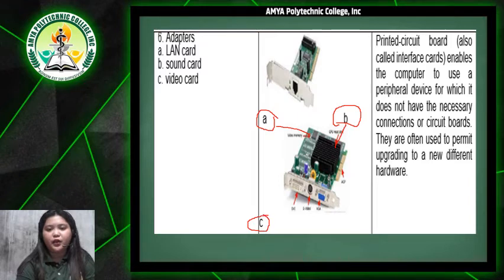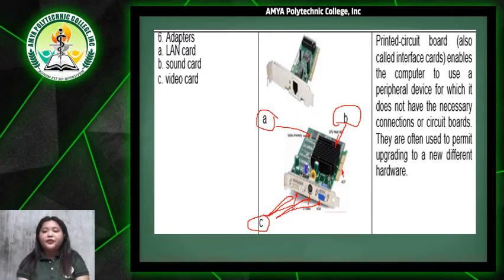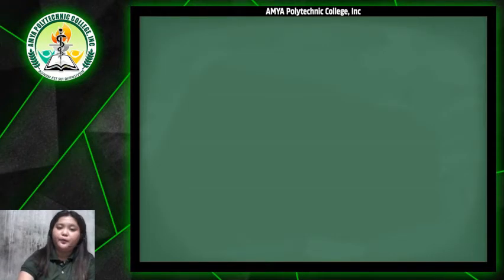We have the three here. A printed circuit board, also called an interface card, enables the computer to use a peripheral device for which it does not have the necessary connections or circuit board. They are often used to permit upgrading to new, different hardware.